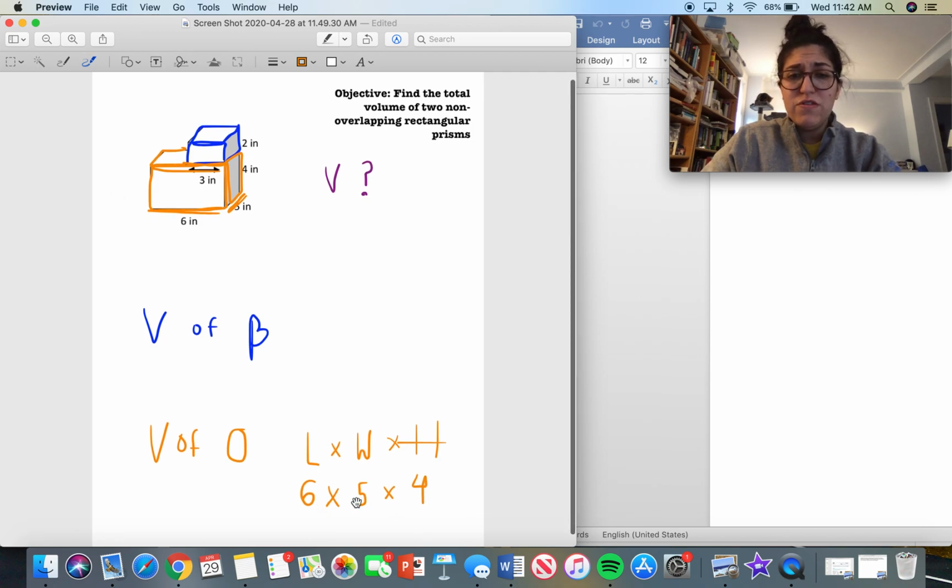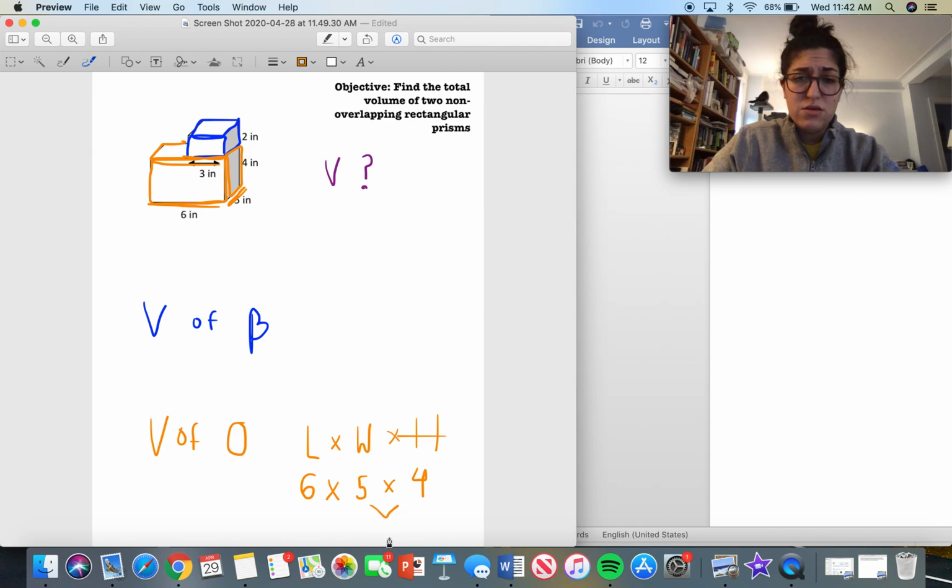So now I can do this. 5 times 4, that's 20, times the 6, that's 120. So I found the volume of my orange is 120 inches cubed, right? That's the volume of orange.